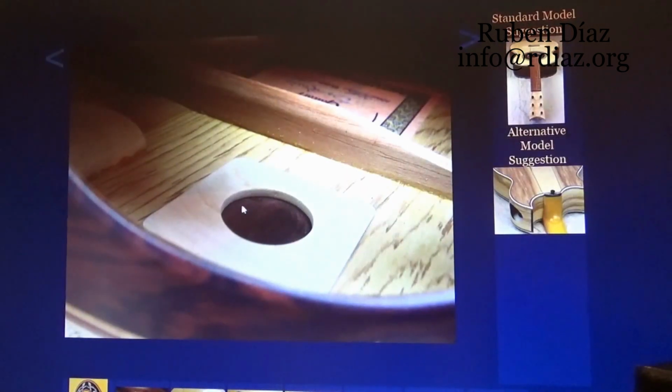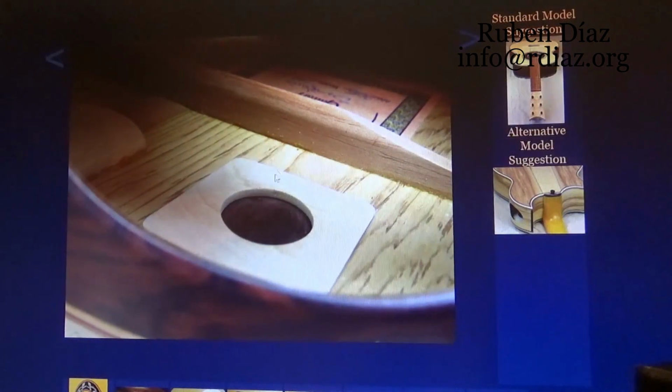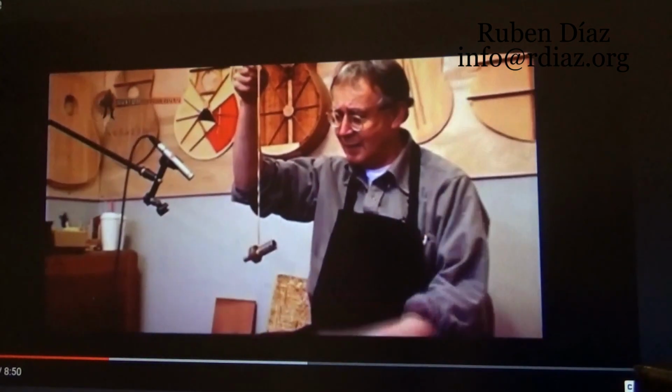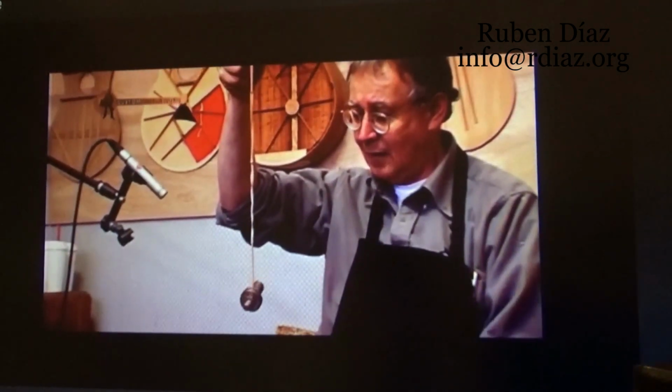It has a double set of wood on the back, because the sound is reflected from the top to the back and then from the back out. So this is very important to understand here. The device is a series of rubber bands and an iron weight on the bottom.